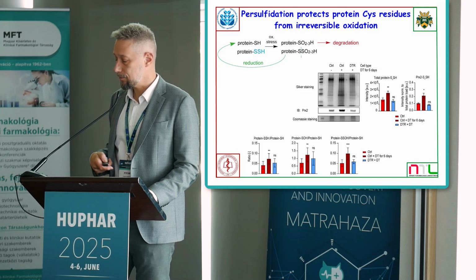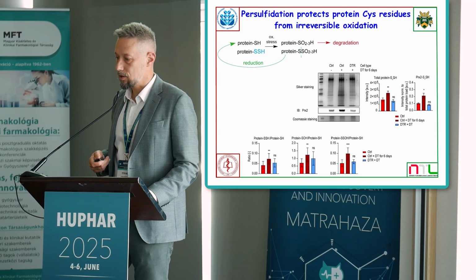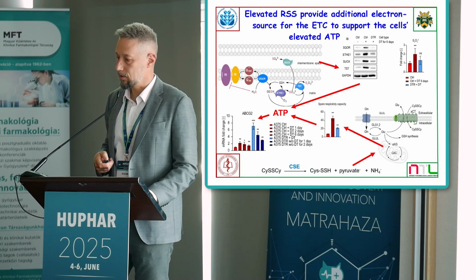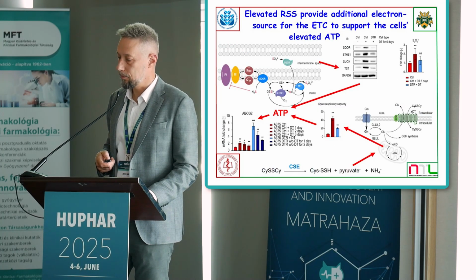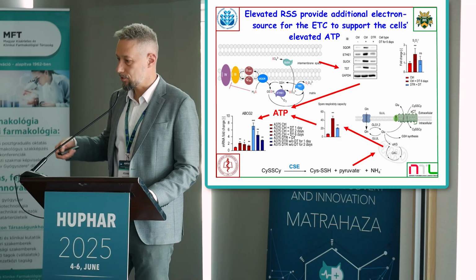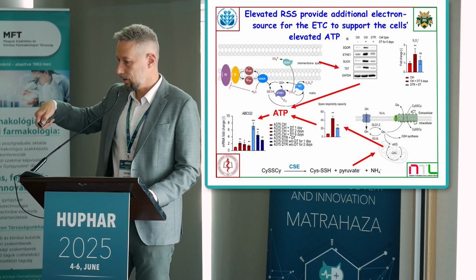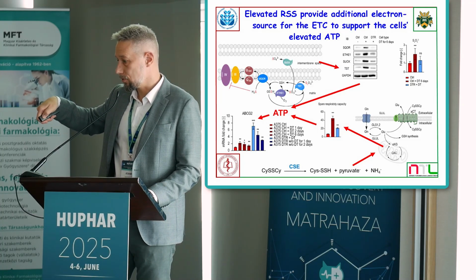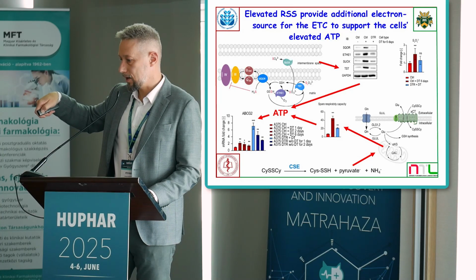But another interesting aspect of this cysteine persulfide production was that we could also show that the electron transport chain in the mitochondria utilized hydrogen sulfide and cysteine persulfide as an electron source to produce thiosulfate via the SQR machinery.